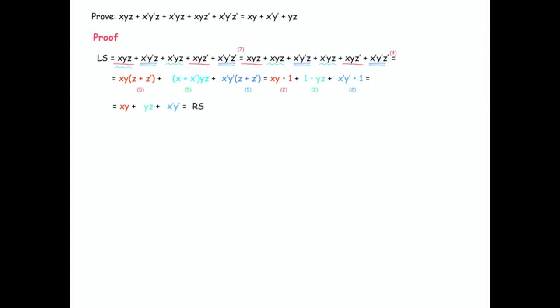Okay. So now we can look at the right side, and we got it, right? In slightly different order, but that's okay, right? We have x and y, or x complement and y complement, or y and z, and we're done.